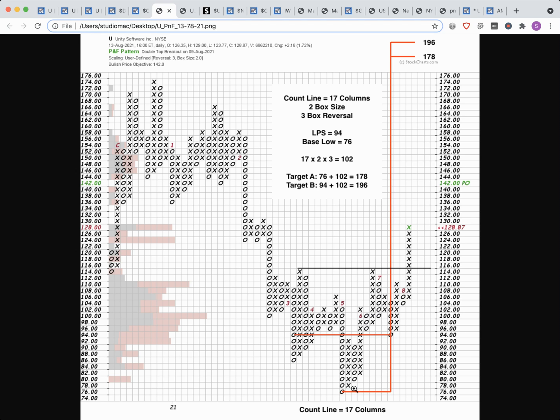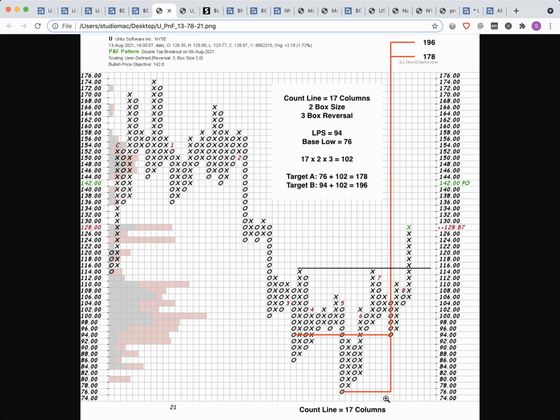And then you also go down to the spring low, if it's had a spring, or the lowest low within the base, and measure from there. And this gives you our target range. So within here, we've got 17 columns with a 2 box size by 3-box reversal. Our last point of support was at 94, and our base low was at 76 down here. So we've got 17 times 2 times 3 is 102 to add on to each of those.